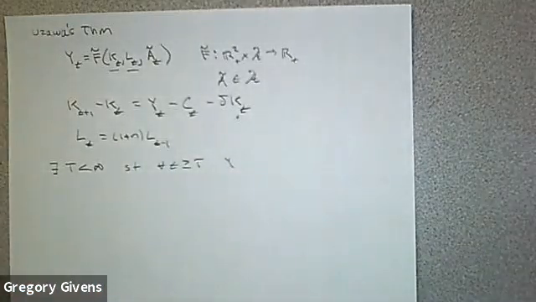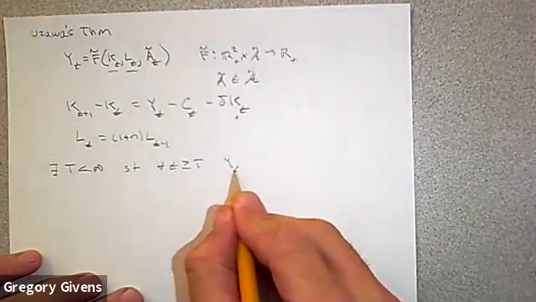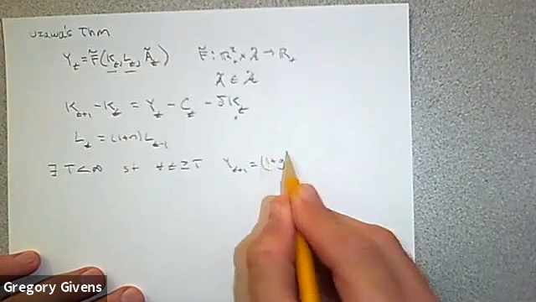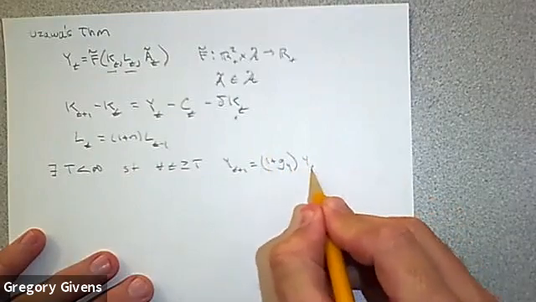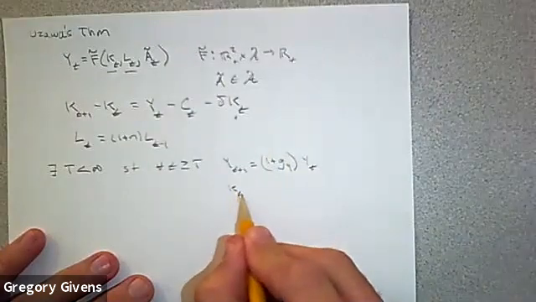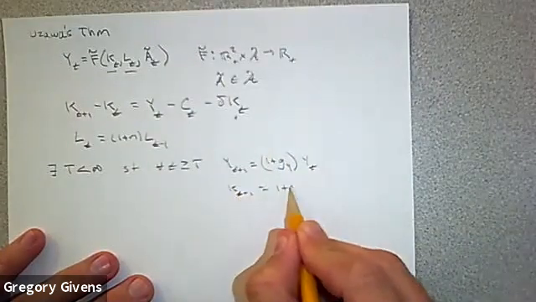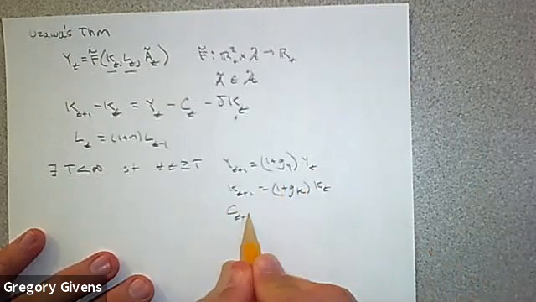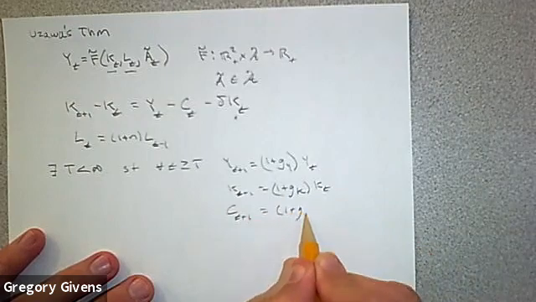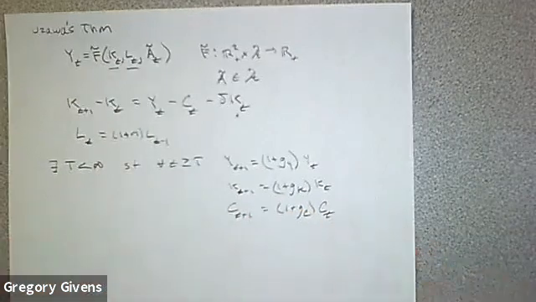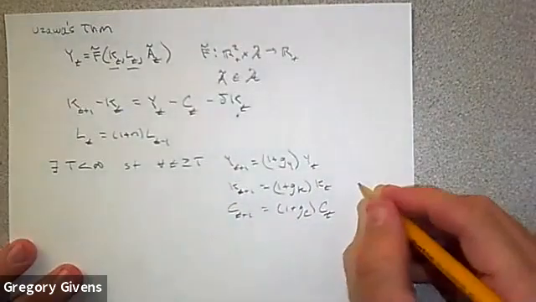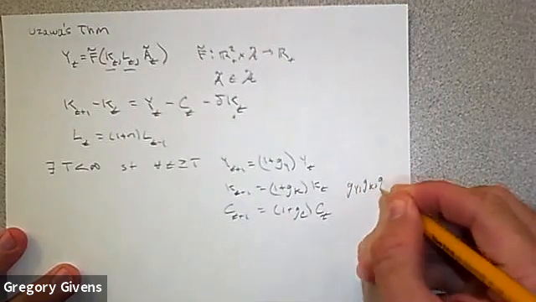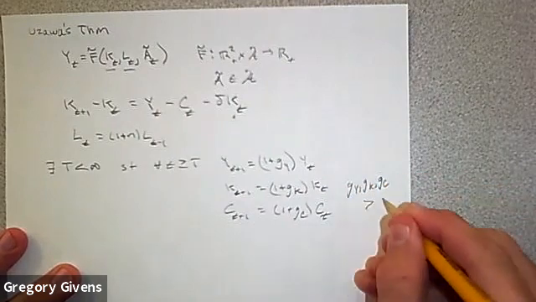So once we move out far enough into the future, we're going to be at a point where output can be written as Y_{t+1} equals 1 plus g_y times Y_t. K_{t+1} can be written as 1 plus g_k times K_t, and C_{t+1} can be written as 1 plus g_c, let's call it, times C_t, where these growth rates, g_y, g_k, and g_c, are all bigger than 0.